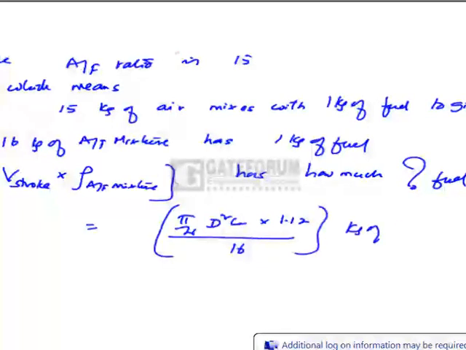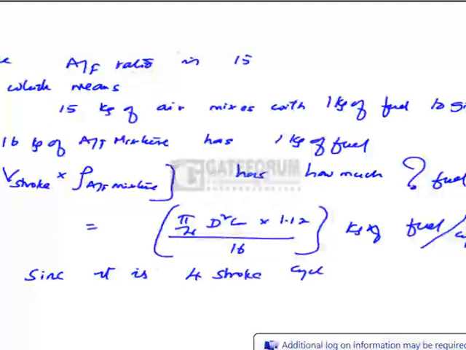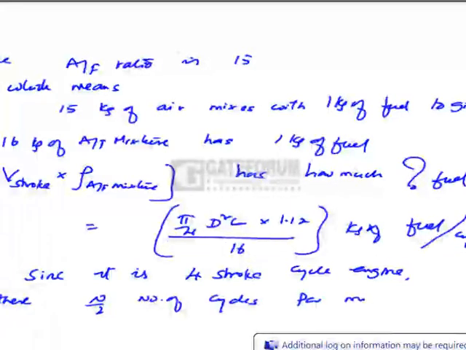This is kg of fuel per each cycle. Since it is a 4-stroke cycle engine, there are n by 2 number of cycles per minute if n is RPM of the engine.